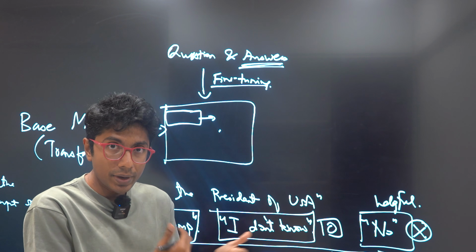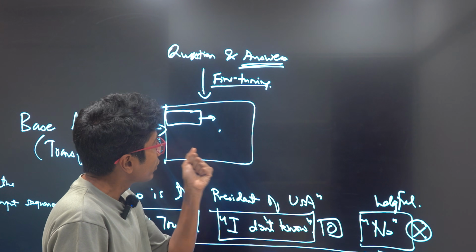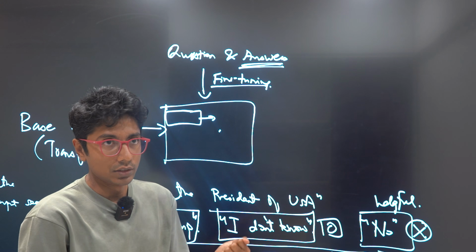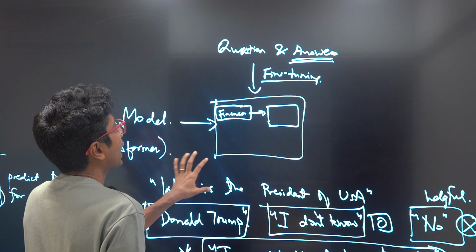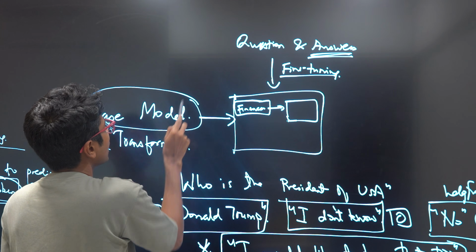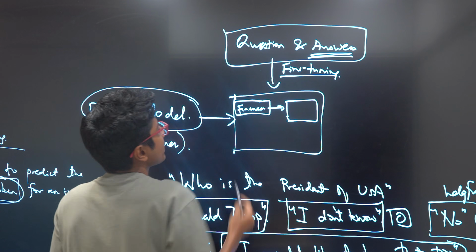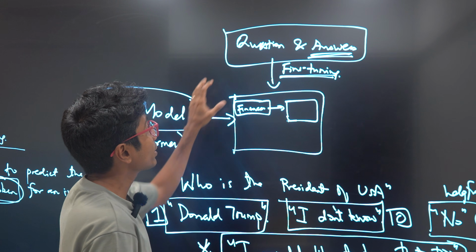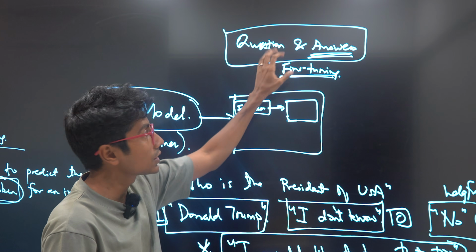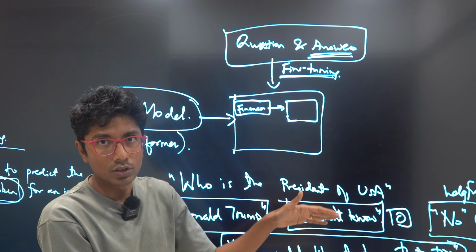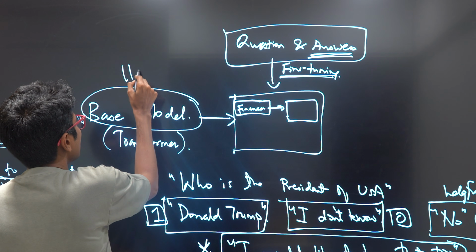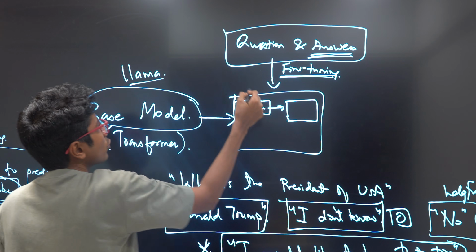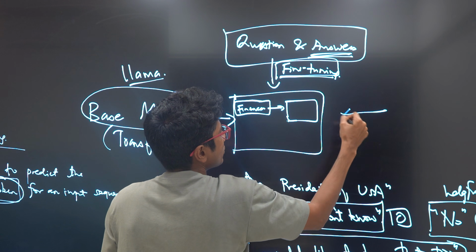The internal weights will be updated in such a way that it will learn to speak in medical jargon or medical terms. And so this step, where a base model is trained to answer in a specific way, is called fine-tuning. The same base model can be run through different sets of questions and answers to come up with multiple fine-tuned models. So the base model of Llama can be fine-tuned by a company to answer their customer specific queries.